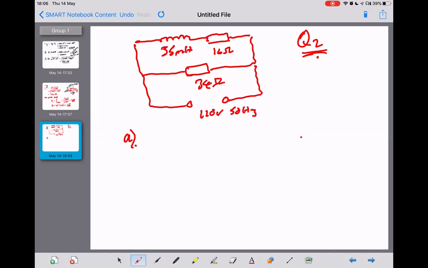So we're looking at finding XL. Oh, I can't remember what the formula is. XL equals... Robbie, help me out here. XL equals what? 2 pi FL.